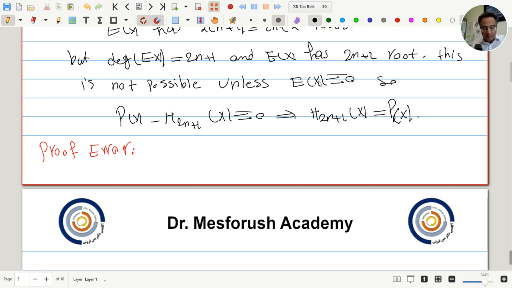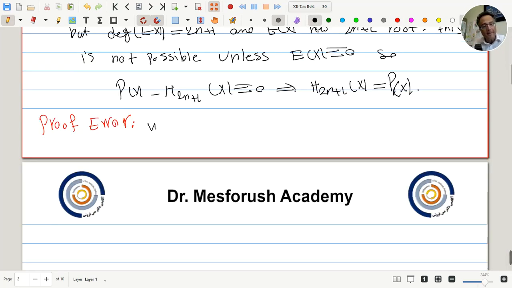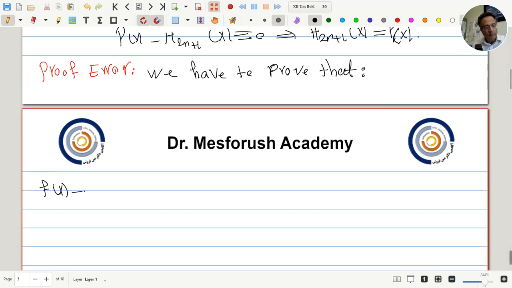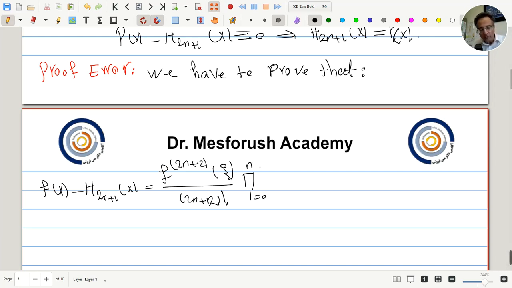Okay, for the error term, we have to prove that f(x) minus H_{2n+1}(x) equal to f^{(2n+2)}(c) over (2n+2) factorial times the product for i equal to 0 to n of (x minus x_i) squared, and we know that there exists such c in the open interval of a and b. Let me call this equation number 1.